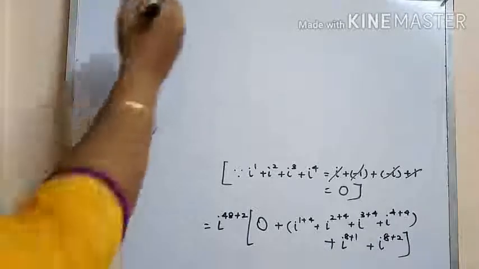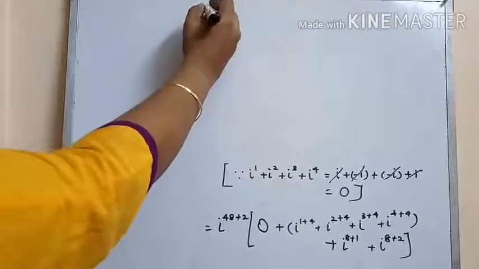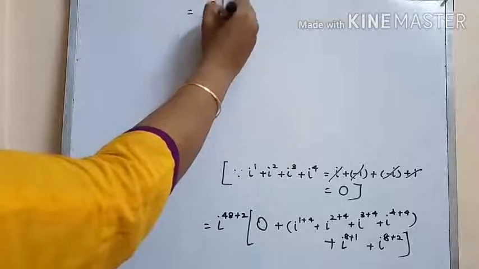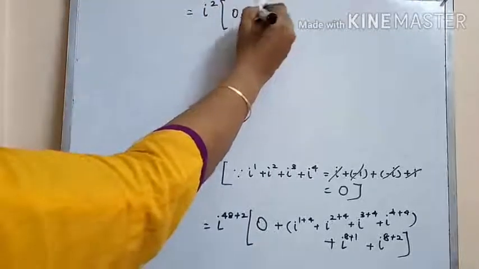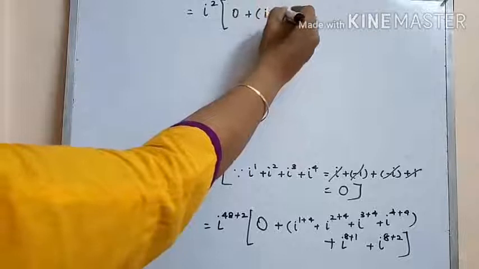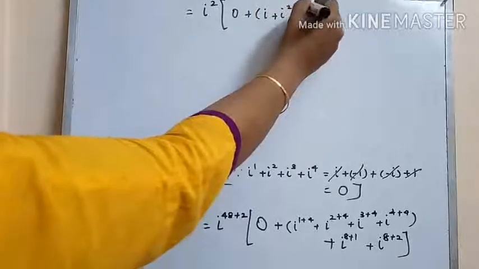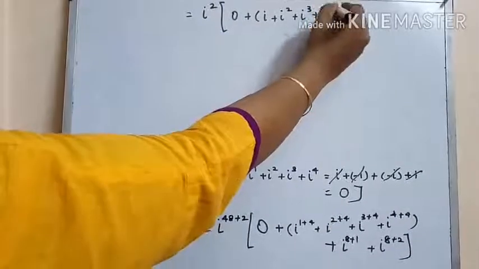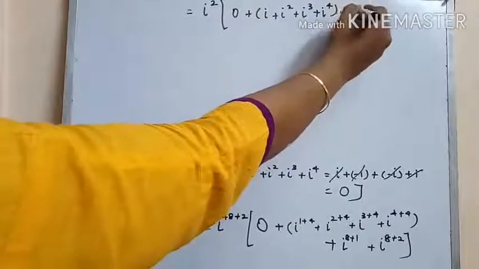The next step is i to the power of 2 into 0 plus i to the power of 1 plus i to the power of 2 plus i to the power of 3 plus i to the power of 4 plus i squared.